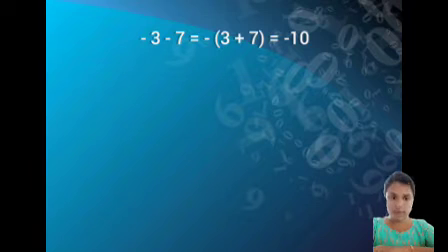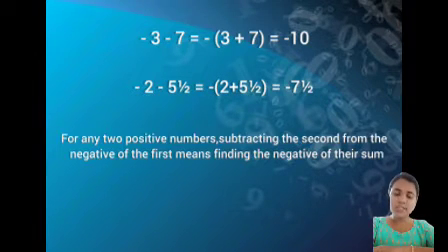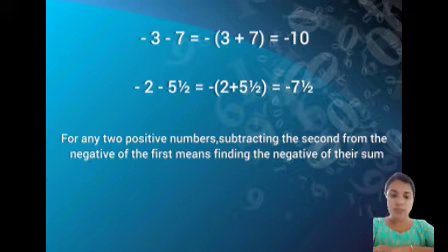The next question, minus 2 minus 5 1/2 is equal to minus of 2 plus 5 1/2 is equal to minus 7 1/2. And the general principle for these is for any two positive numbers, subtracting the second from the negative of the first means finding the negative of their sum.